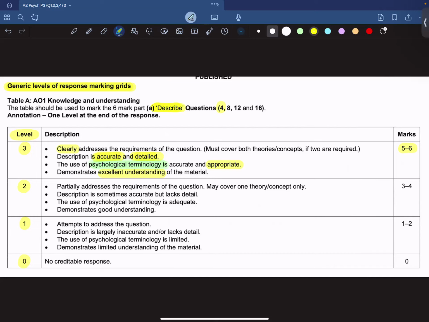It is expected from you to demonstrate excellent understanding of the material that you're writing. So if we number these, let's make this 1, this 2, 3, 4, 5, 6. Now, why have I numbered this? I've numbered this so that it gets easier for us.